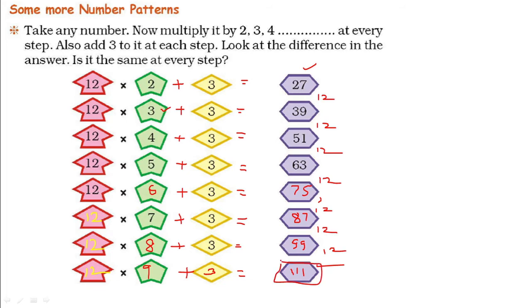So what you can see, we are multiplying by different numbers and adding some number, but we are getting the same difference. Okay.